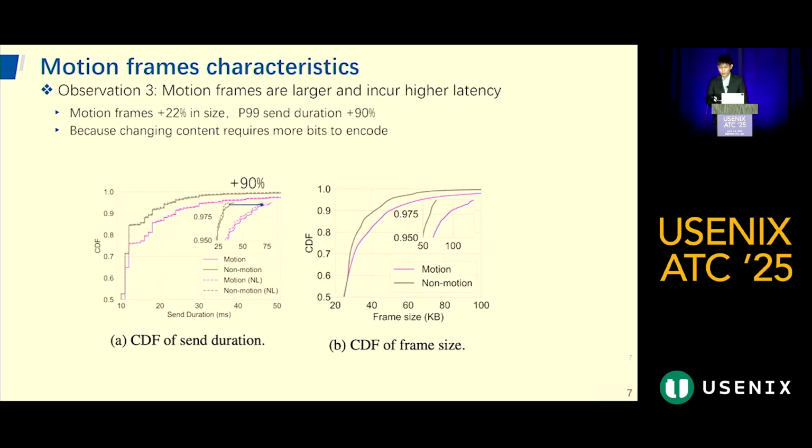This leads to our third observation. Despite the same target bitrate given by the rate controller, motion frames tend to have larger frame size and longer duration than non-motion frames. This brings us to a critical QoE mismatch. Remember our first observation that users are most sensitive to latency during motion phases.